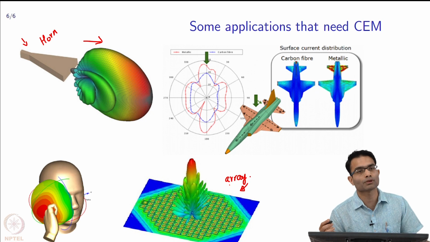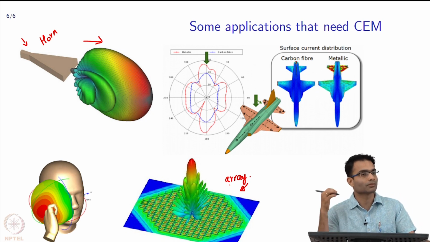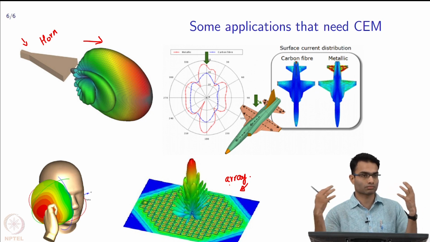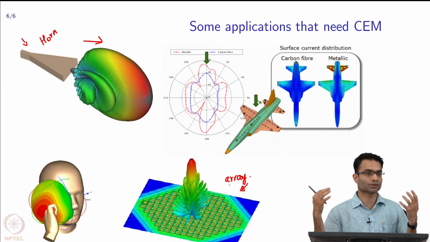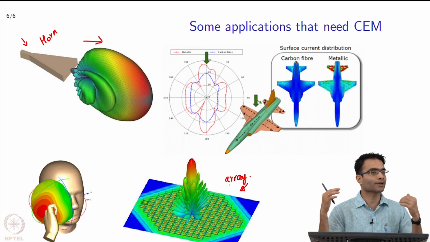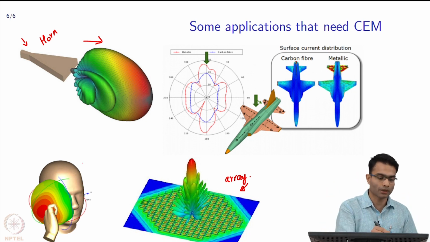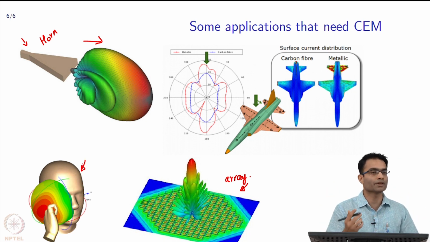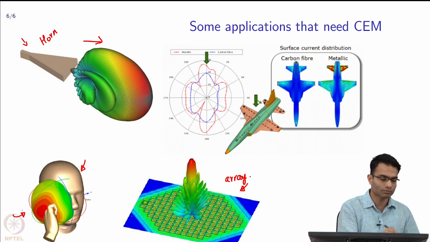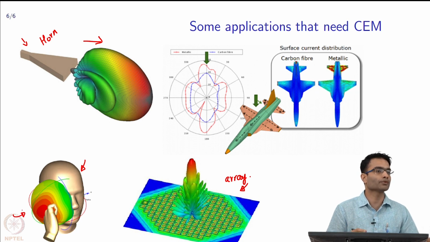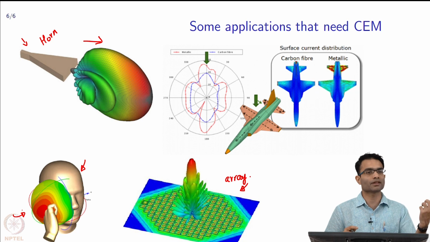The other thing, for example, we hear about a lot is cell phone radiation damage to, let us say, biological tissue. Is it true, is it not true? Well, it is not fully clear, but at least one way to scientifically study it is to build a model of human tissue and then simulate mobile phone radiation. And then you can see what is the maximum field generated.